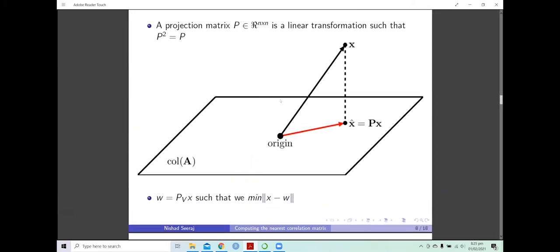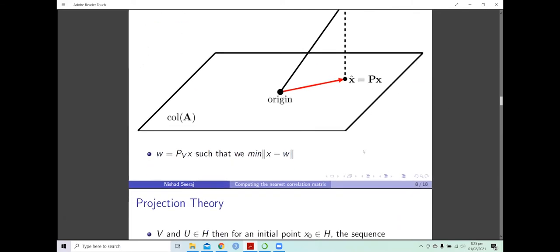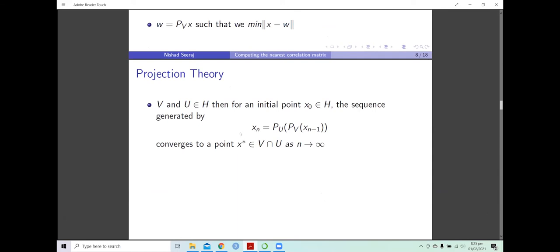So instead of one subspace here, in this picture we have two, and they're intersecting in some manner, and you just project onto each one in an alternating way. So this is what this expression here gives. You have two subspaces, U and V, okay?